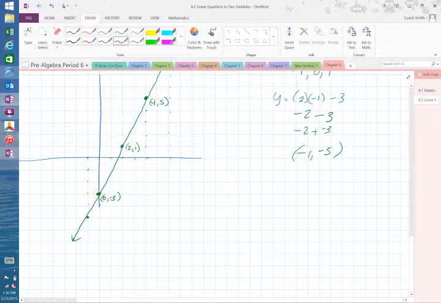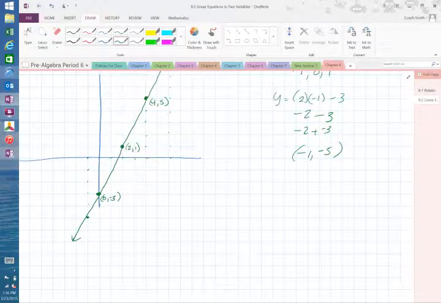We already know that 1 is right here. So it doesn't matter if I would have chosen those points. If you draw your line properly, they are all going to fall on that line. It doesn't matter which ones you choose. They will all eventually give you the same line.